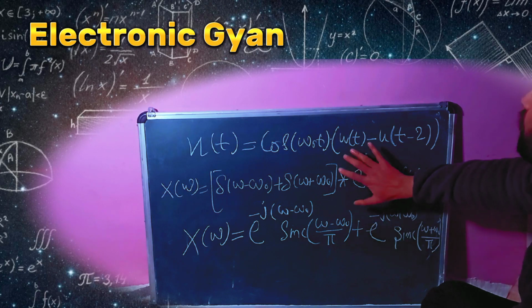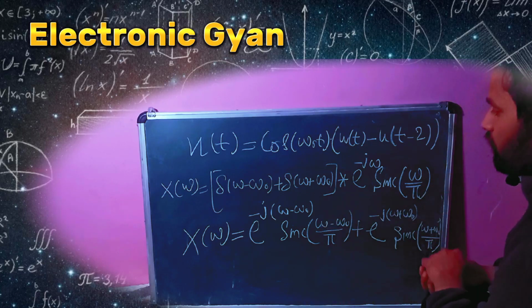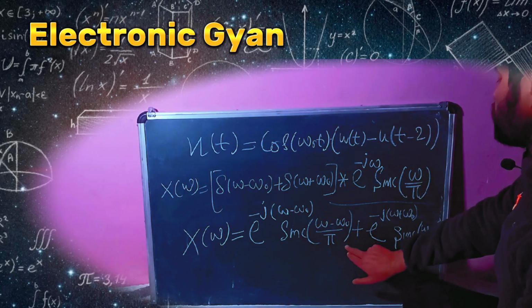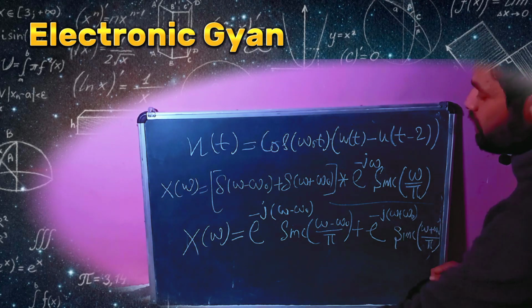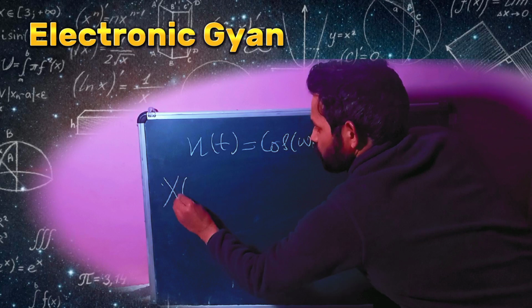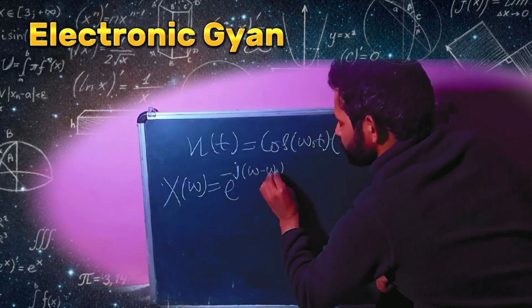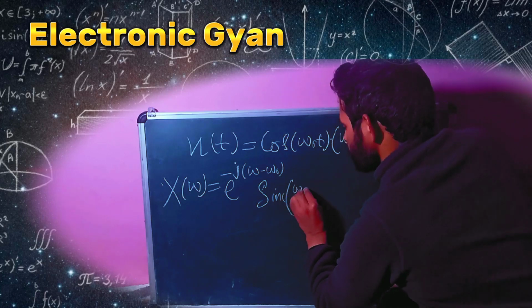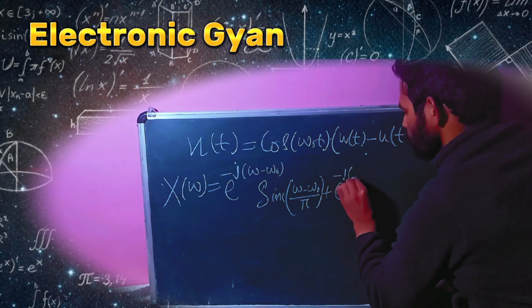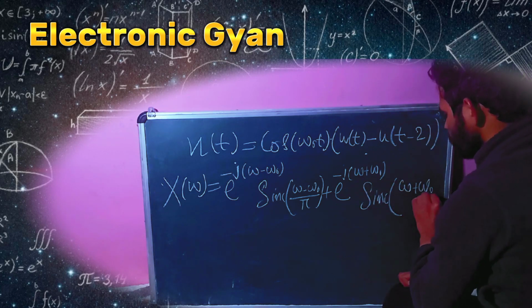So this is the Fourier transform of the signal we obtained. Finally, X of omega is equal to e to the power minus j omega minus omega naught sinc of omega minus omega naught divided by pi, plus e to the power minus j omega plus omega naught sinc of omega plus omega naught by pi.